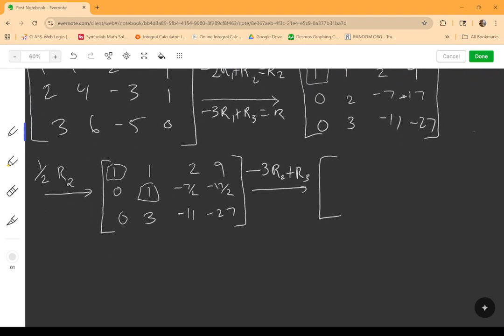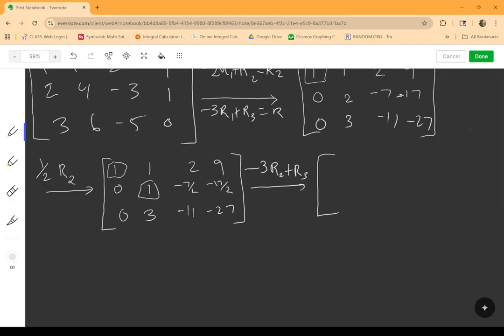That leaves me at 1, 1, 2, 9, 0, 1, -7/2, -17/2. And when I do these operations, I get 0, 0, -1/2 and then -3/2.